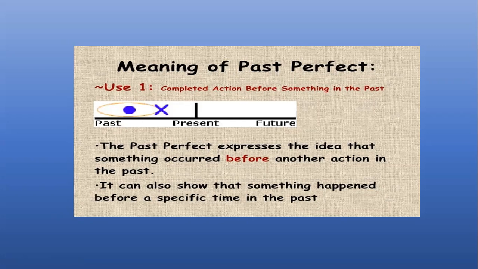Means there are two actions taking place. In these two actions, you need to find out which action happened first and which action happened second. Accordingly, you will have to use a tense.